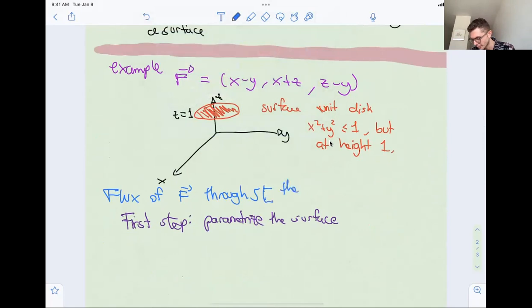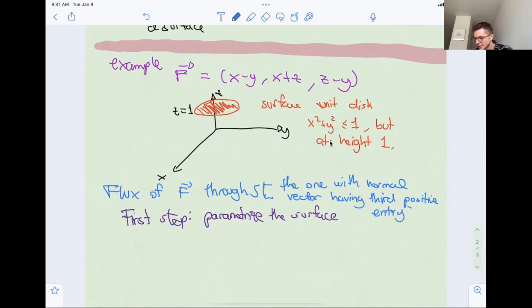the one where the normal vector has, say, a positive third entry or something like that. You'll see this in a second. I'm just saying that usually there are two options for how you find the flux, because you have to say in which way the normal vector is pointing. Some convention needs to be made.